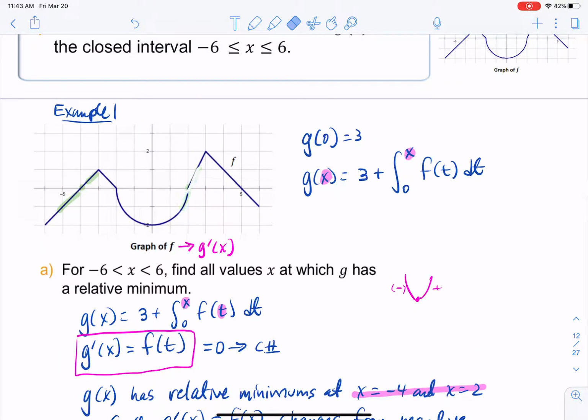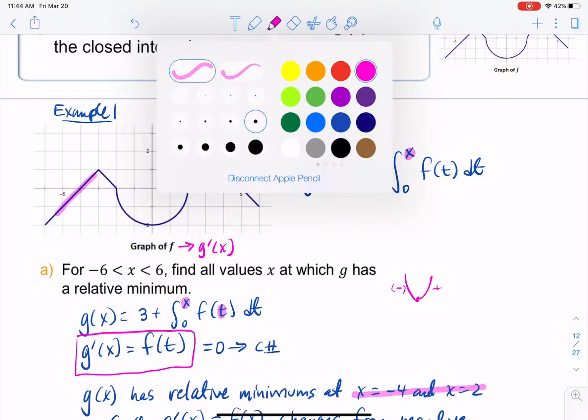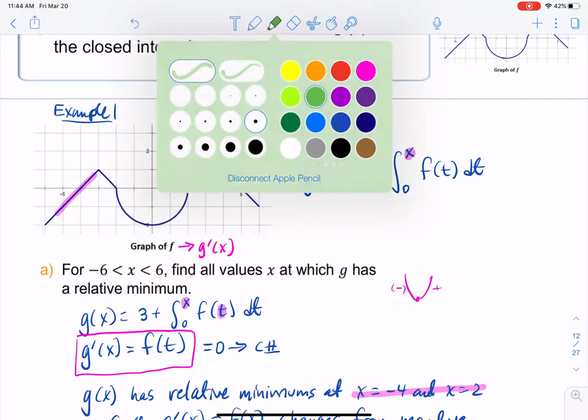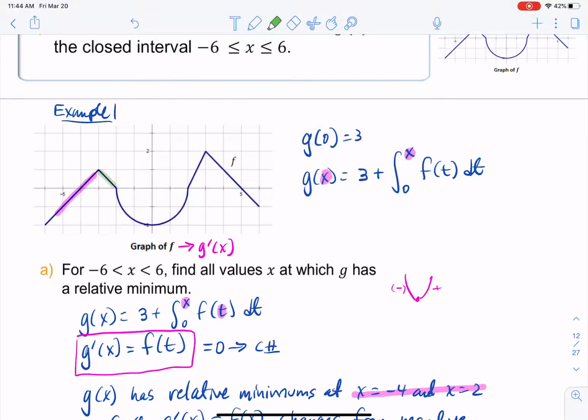I'll get rid of some of these markings that we've already made on here. Okay, so we've got increasing here, and then on the other side we've got decreasing. Maybe make a color that's a little bit different from that. There we go. So it changes from increasing to decreasing at -3 it looks like. And then it continues to decrease, even though there's little kinks in it, doesn't matter. It's decreasing, decreasing, decreasing.